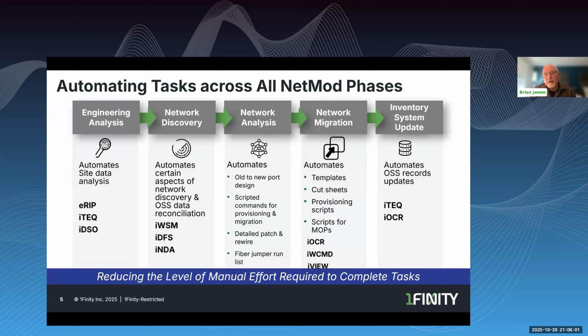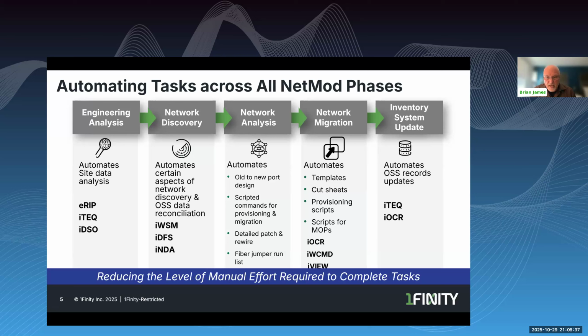The network analysis and network migration tool, the IOCR, the IWCM, and the iView tools are utilized quite a bit. The iView tool, for example, stitches maps. If we're working with FlashWave or specifically Fujitsu gear, it'll map those wavelengths across the networks and show our engineers how to develop the cut sheets to migrate off of said platform to new platform.